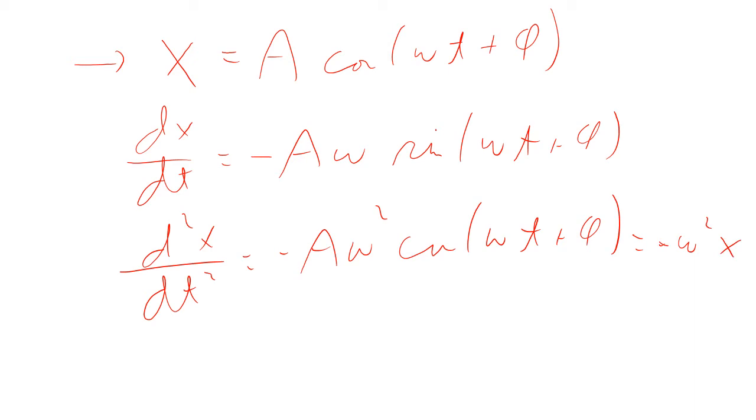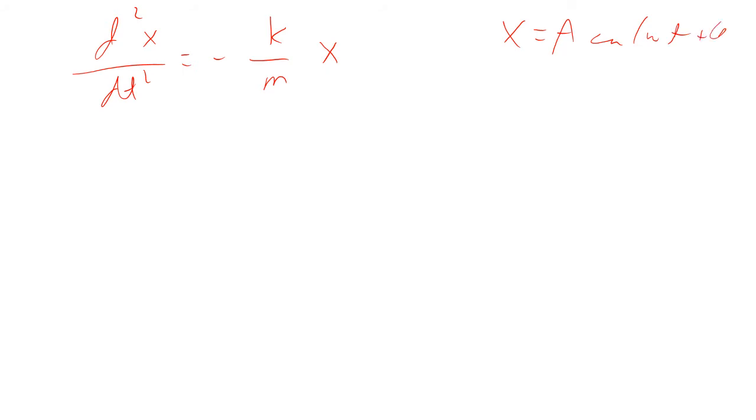Okay, and so if I said up here that the second derivative of x with respect to time was minus k over m x, and if x equals A cosine(omega t plus phi), then that means that omega squared equals k over m.